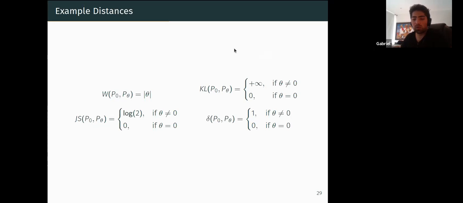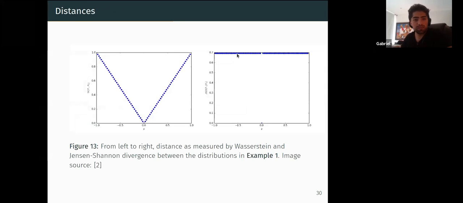We can see that more easily here, right? On the left, we can see the Wasserstein distance as measured between those two distributions, varying with theta. And on the right, we can see the Jensen-Shannon distance as calculated with the varying parameter theta.